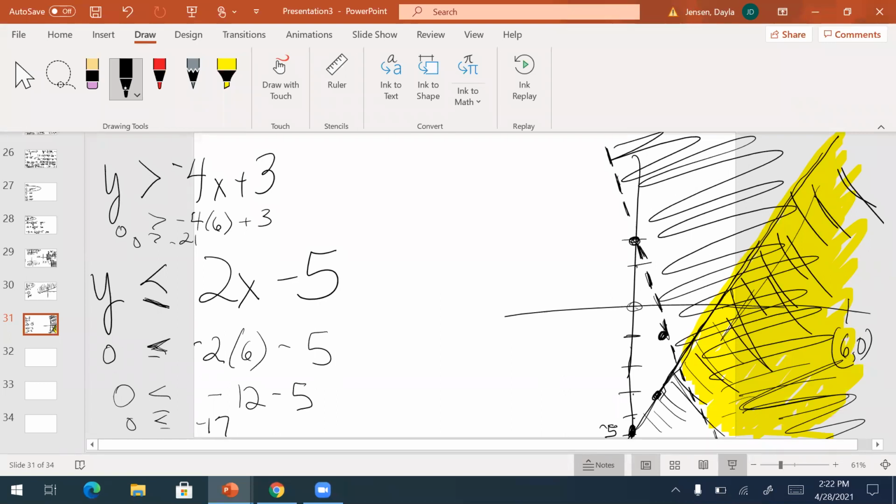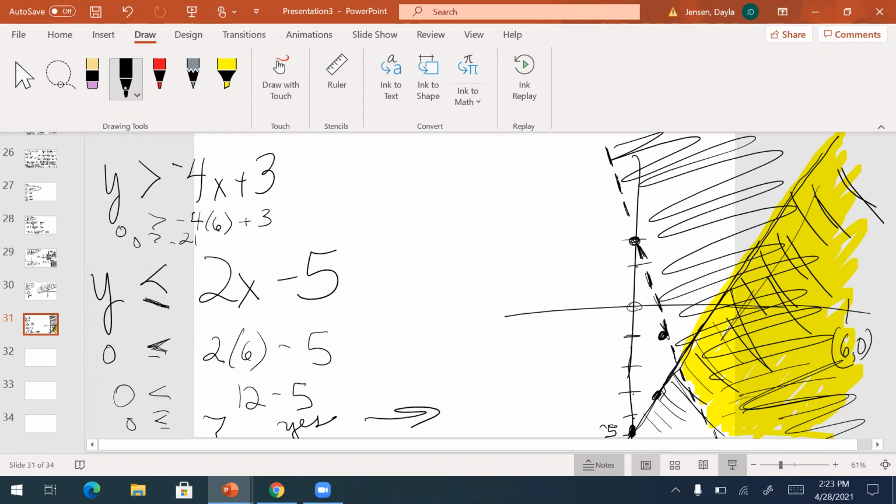Oh, this is not negative 2. This is positive 2. Oh, that's what I did wrong. This is not negative 2. Is 0 less than or equal to 2 times 6, which is 12, minus 5? Yes, it is. Sorry about that, my sloppy handwriting.